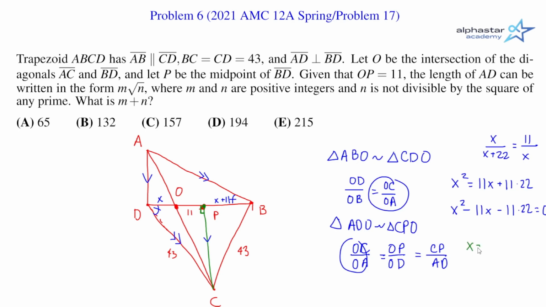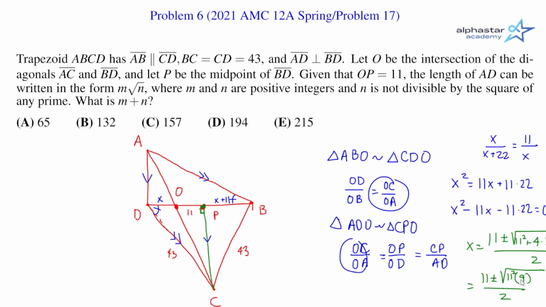And then we get this, which is solvable by using the quadratic formula. Let's do it. x equals 11 plus or minus the square root of 11 squared plus 4 times 11 times 22, all over 2. Well, we can take out 11 squared, right? We get 1 plus 8, which is 9.